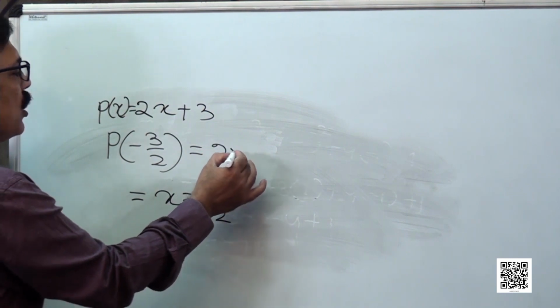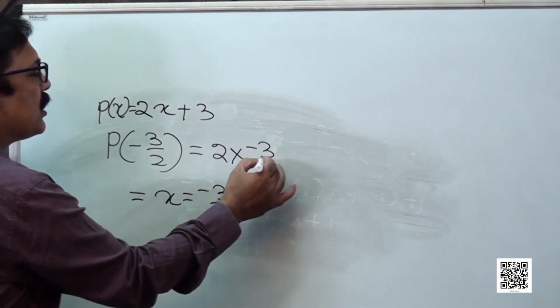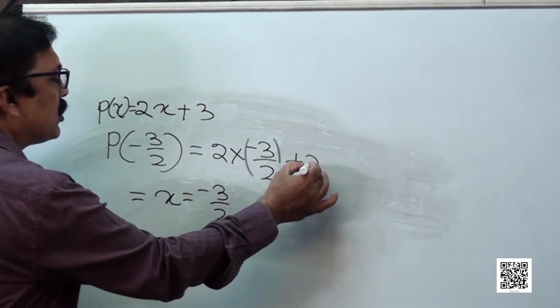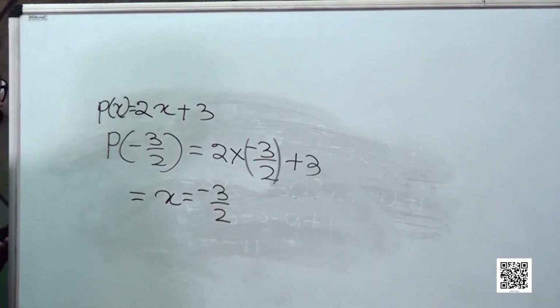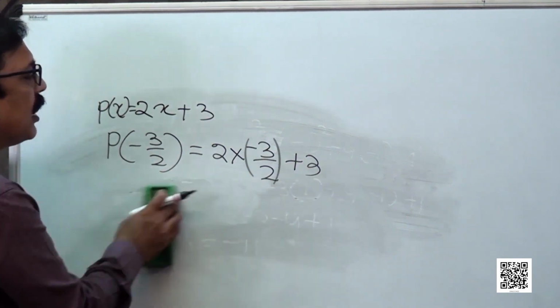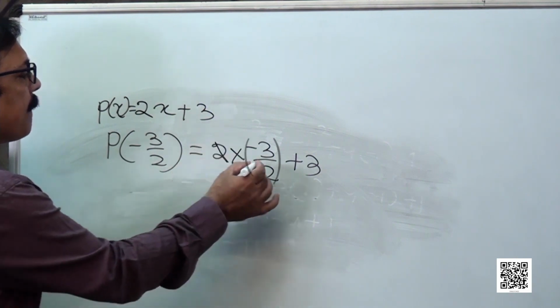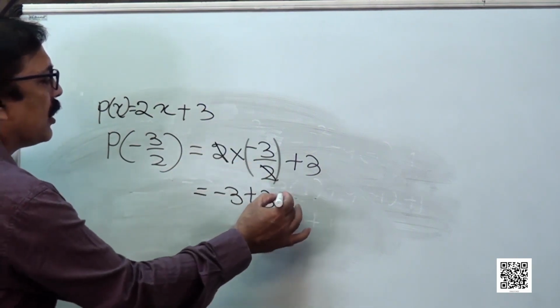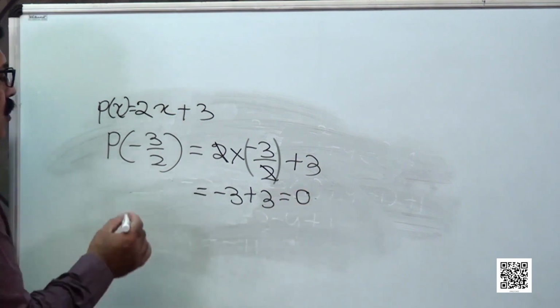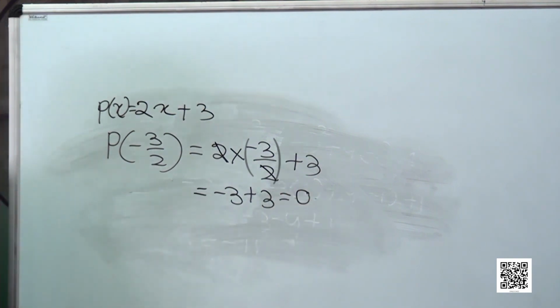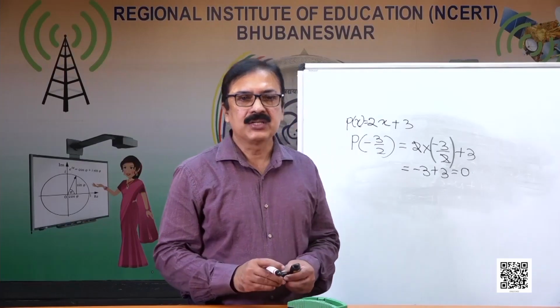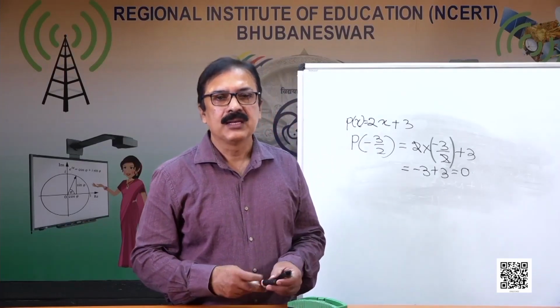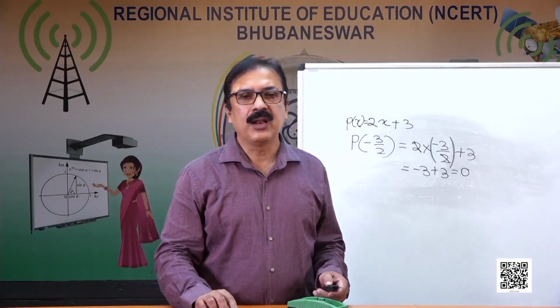So 2 into minus 3 by 2 plus 3. Here you see 2 and 2 cancel. What do we get? We get minus 3 plus 3. This is equal to 0. Clearly we see that minus 3 by 2 is the 0 of the given polynomial.